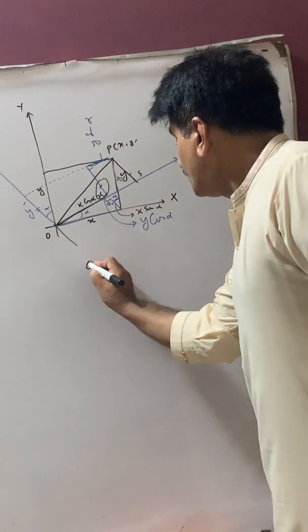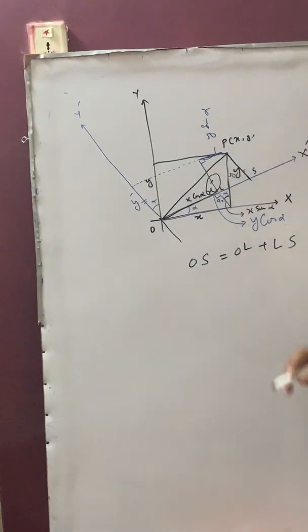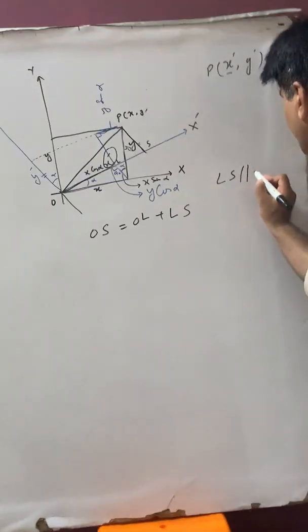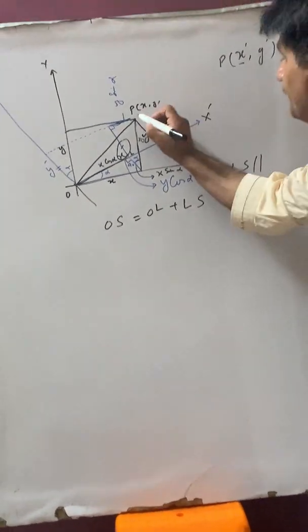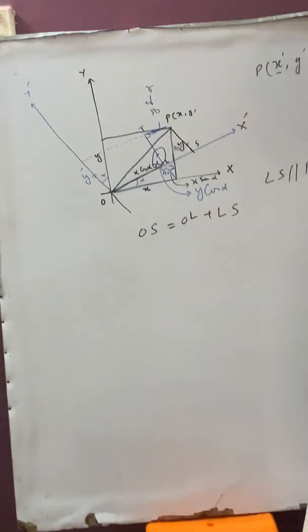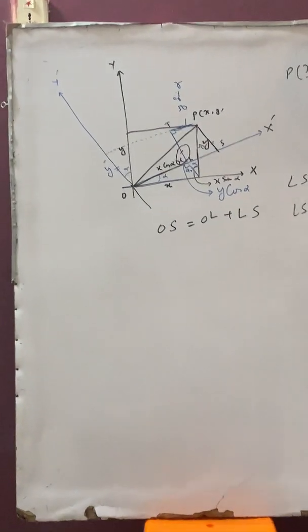Now I am interested to calculate this x prime, which is from O to say S. Now O to S is equal to O to L plus LS. LS is parallel and equal to PT. And PT is what? y sine of alpha.